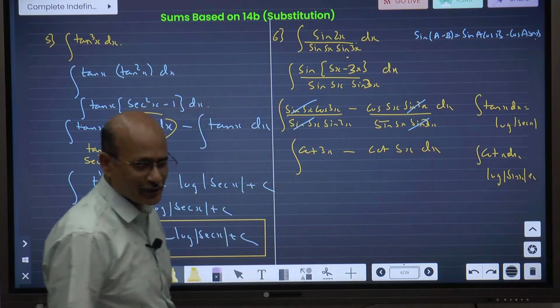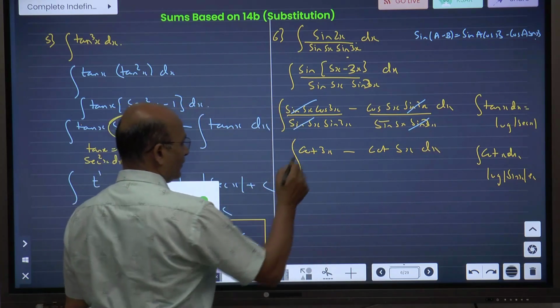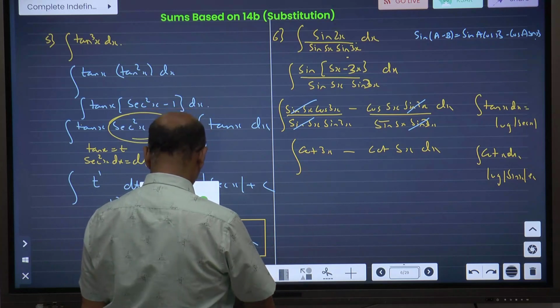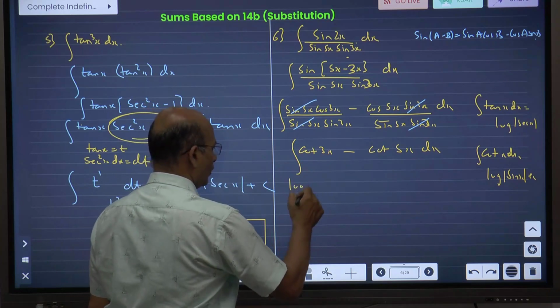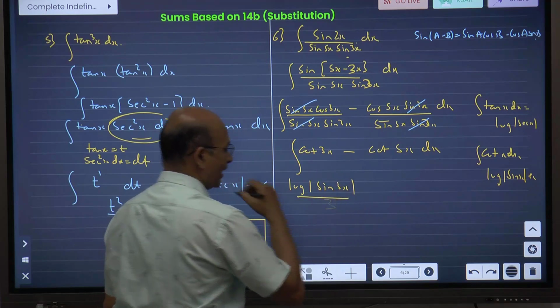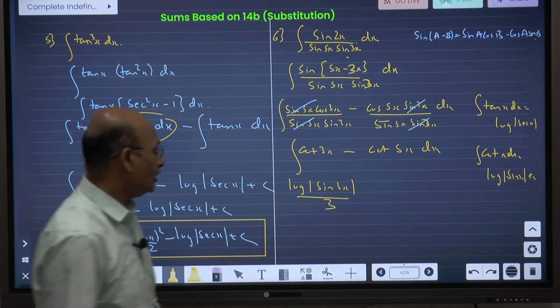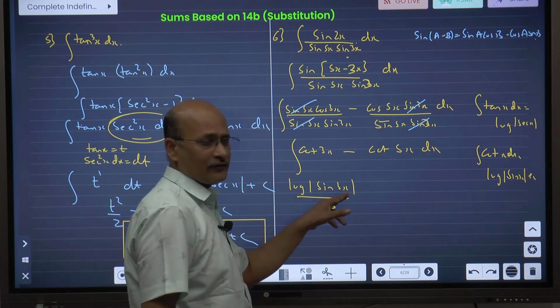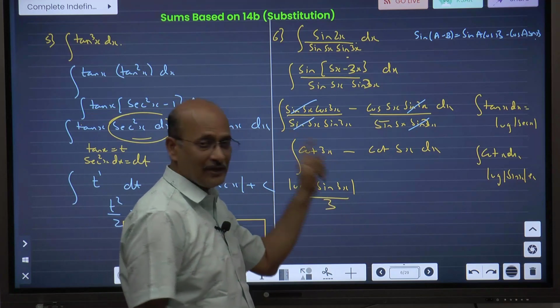I think my integration is ready to come up. Integral of cot, what is it, children? It is log of sine 3x upon 3. Mind you, upon 3, chain rule. Cot integration is log of sine, and go inside: 3x, derivative is 3.